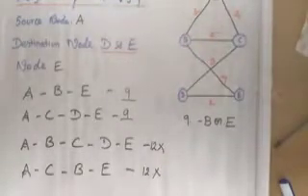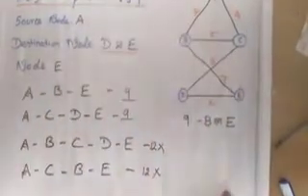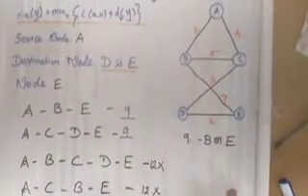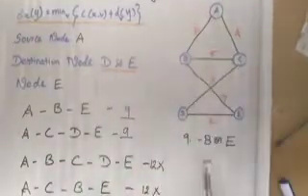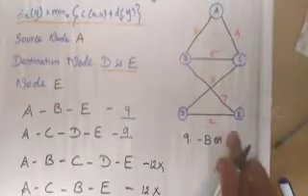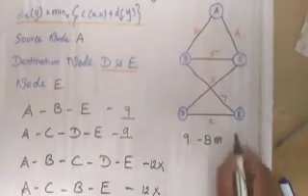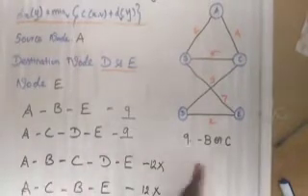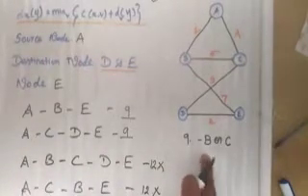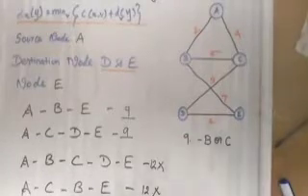Since the entire algorithm depends on the concept of minimum cost, you can choose any of these as the next node. Sorry, it's not E, the next node is C. So either you can choose the next stop as B or the next stop as C. It depends on the network administrator.